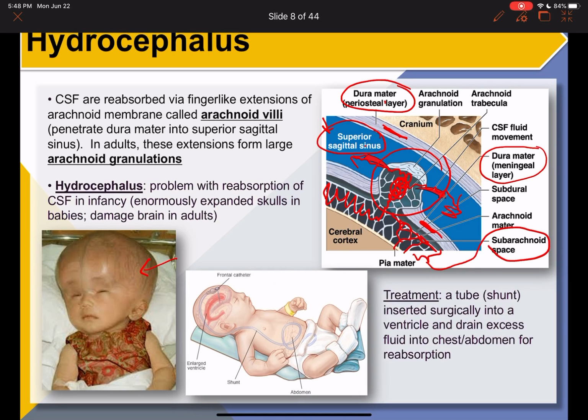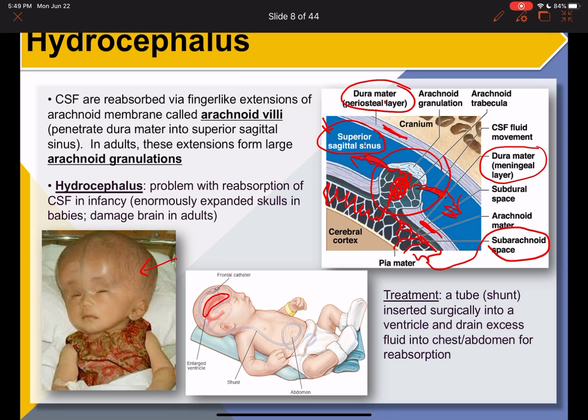And hence, this is the treatment that is usually involved with hydrocephalus. They would insert a tube called a shunt, and it is usually surgically inserted into a ventricle. And let's say it was the lateral ventricle here that is really expanded.